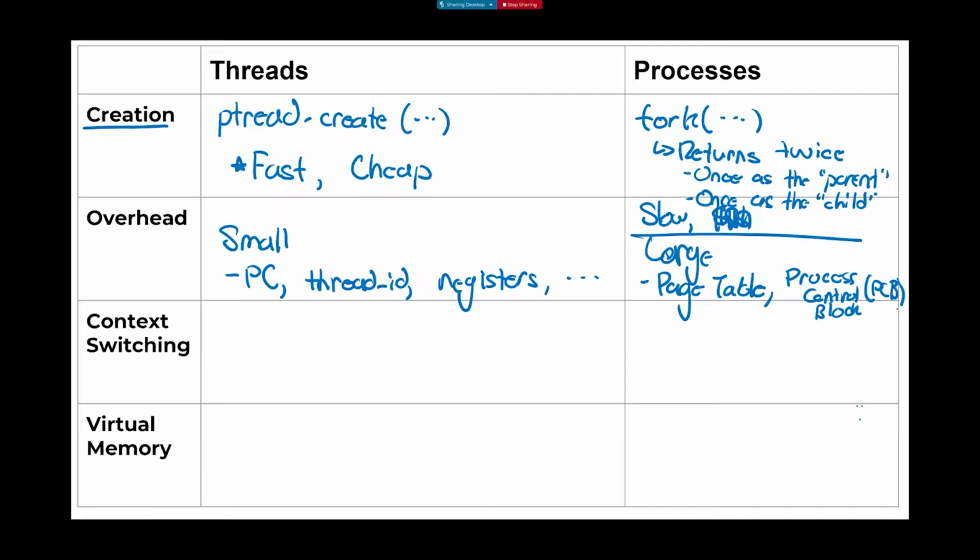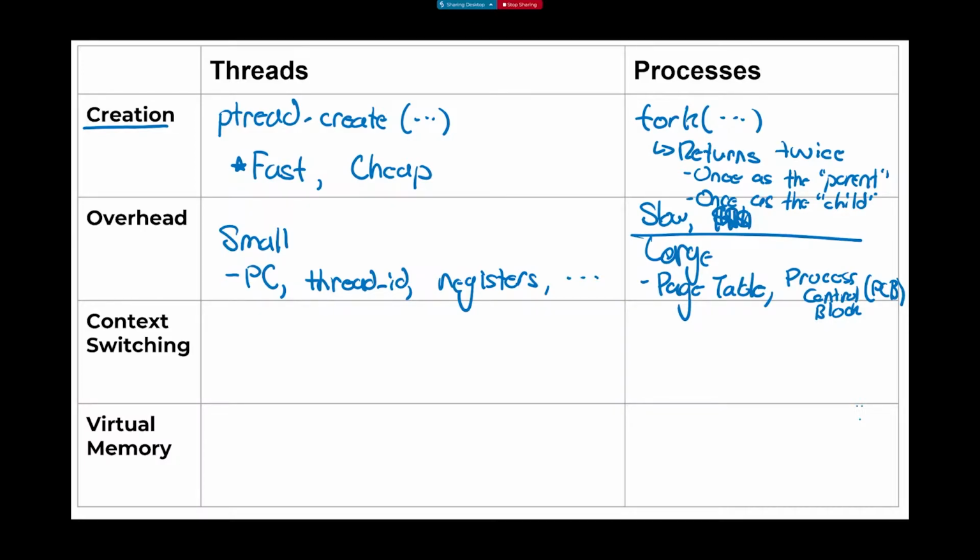This process control block contains all of the state information to deal with your process. This is big. Process control blocks in some systems take an entire page of memory. So that's 4 kilobytes of data that you have to maintain just to maintain a process. So it's going to be much, much more expensive to have a process.